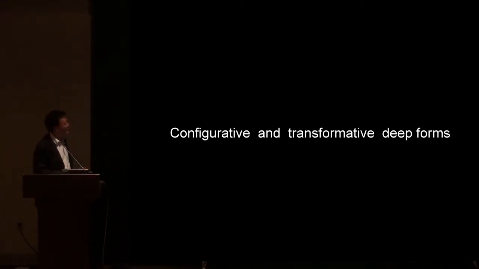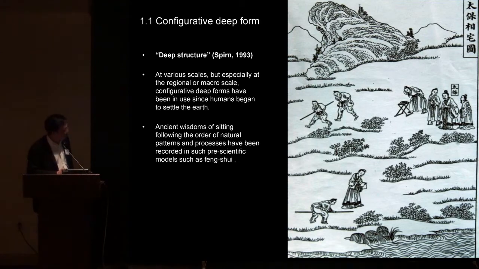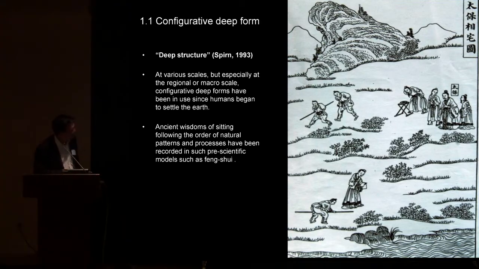nature. For example, in Asia, China about 2,000 years ago developed the skill called feng shui to identify the best location for villages, for cities, for any kind of human activities with nature. And it's amazing that we identified so many thousands of configurative relationships, configurative forms.